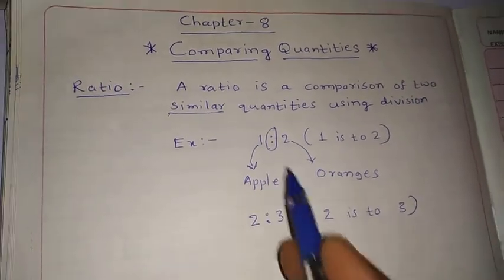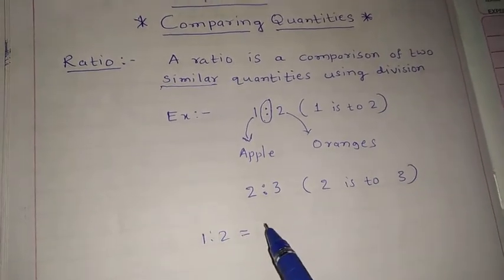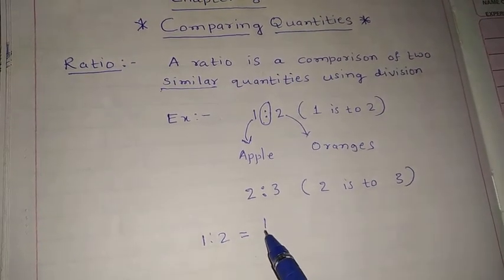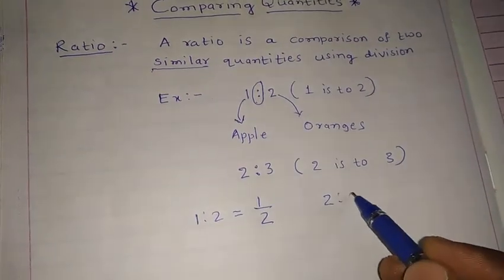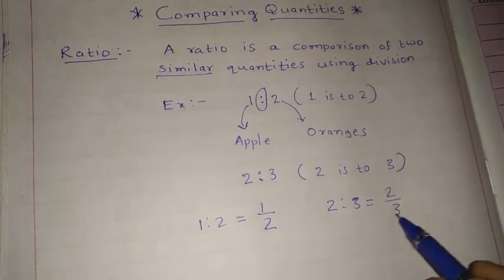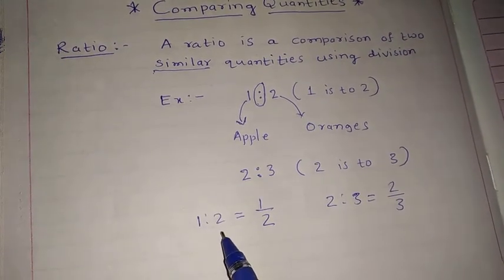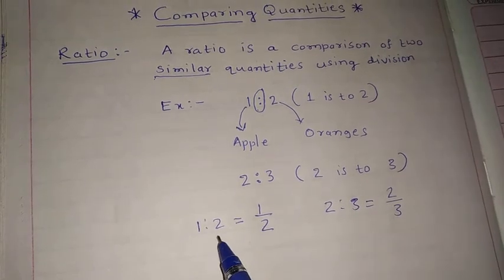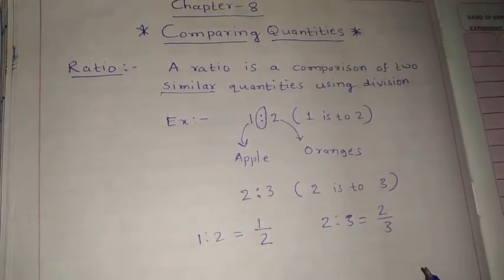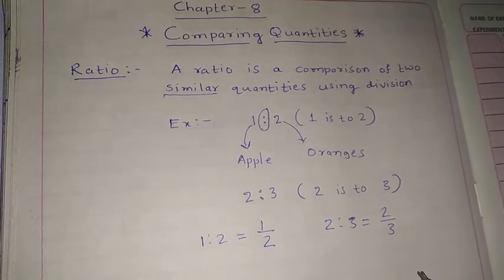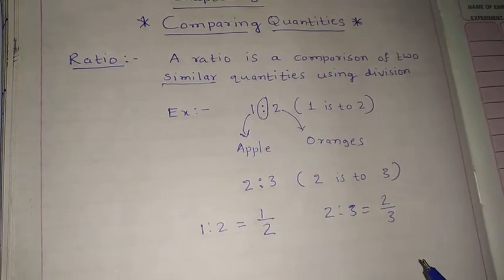For example, if I take this 1 is to 2 here, how to write this as a fraction? 1 by 2. Similarly, 2 is to 3 is 2 by 3. So this is the method to write a ratio in the form of a fraction. So this is regarding the introduction of the ratio. Understood all of you? Okay.